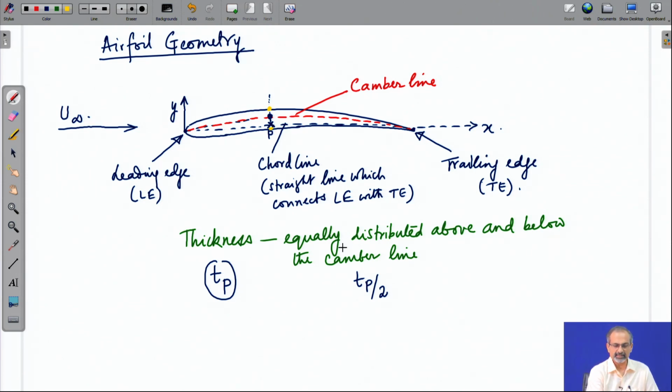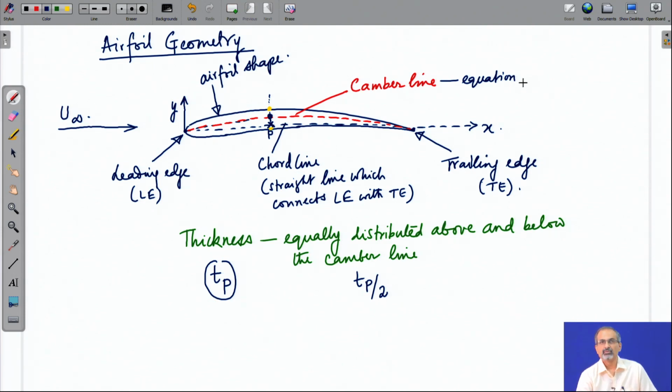Now, this principle is followed at all points along the camber line in order to give rise to this airfoil shape. That means, we begin from the equation of the camber line. So, if we have the equation of the camber line available, to that equation we have to just add T p by 2 and subtract T p by 2 as a function of x.